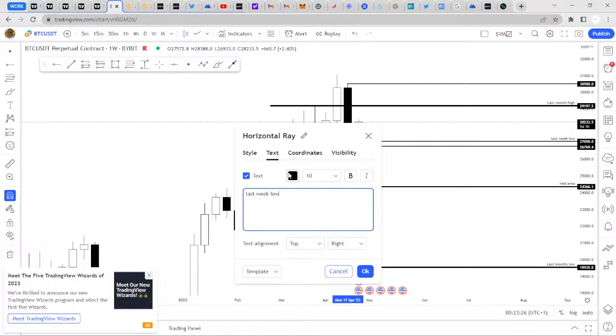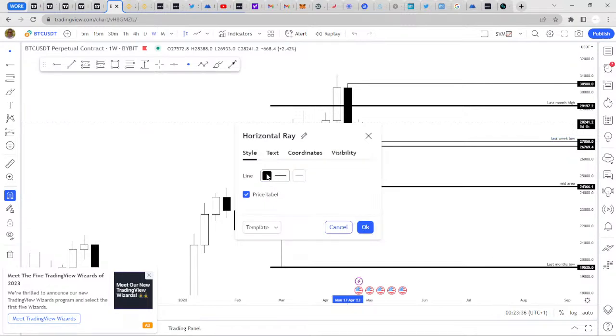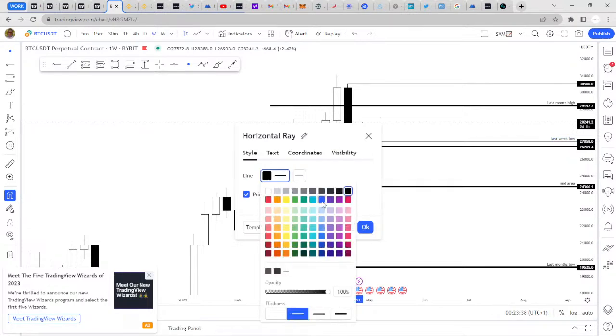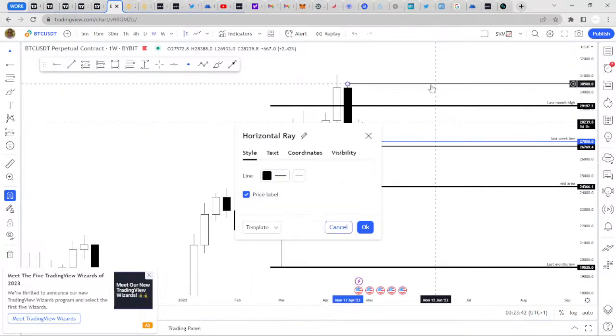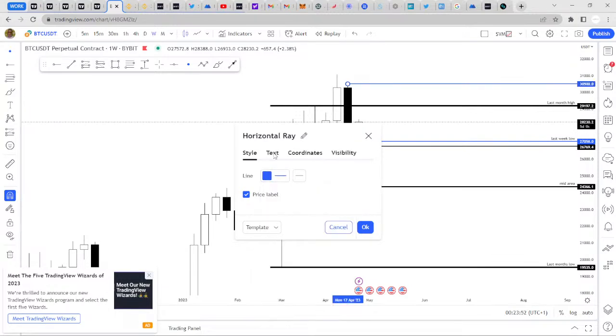So let me map out last week's range in a different color. Let's use blue so we can easily identify it. Last week's high.